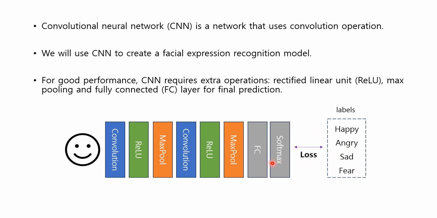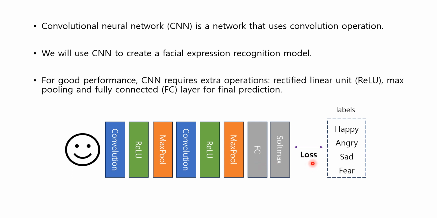The last layer is usually followed by softmax function that rescales the logits to range from 0 to 1, and the logits are another name for the output units of the last fully connected layer.